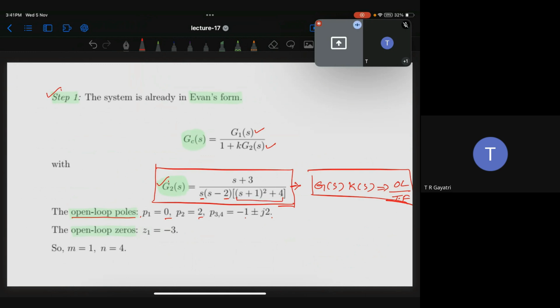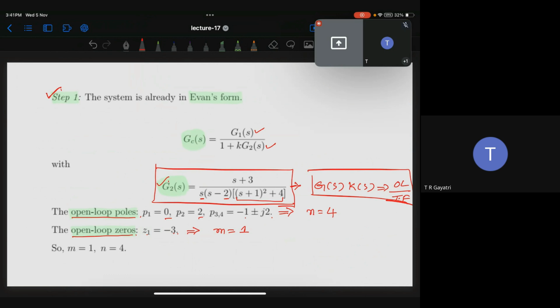Clear? Yes, sir. Then the open loop zero, z1 is -3. So now here n is 4, meaning the number of open loop poles is 4, and m is 1. We are going to use this n and m. Is this clear?